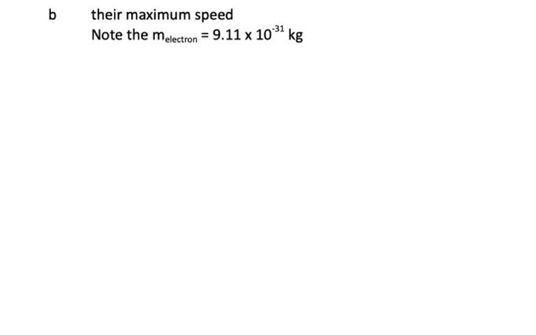Looking at B, now I want to know the maximum speed of the electron. And I've told you that the mass of an electron is 9.11 times 10 to the minus 31 kilograms, so that is a good starting point. We're being asked to find maximum speed. Speed is v.